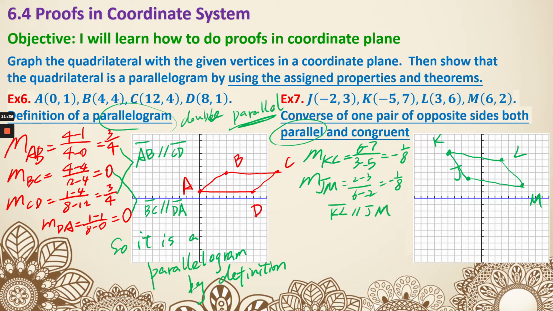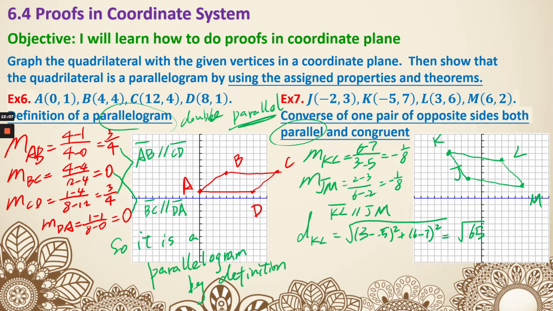Now I also need to prove they are congruent. In order to prove they are congruent, I need to show that their distances are actually the same. So the distance of KL is going to be 3 minus -5 squared, plus 6 minus 7 squared, which is going to be 8 squared plus 1 squared, so the square root of 65.